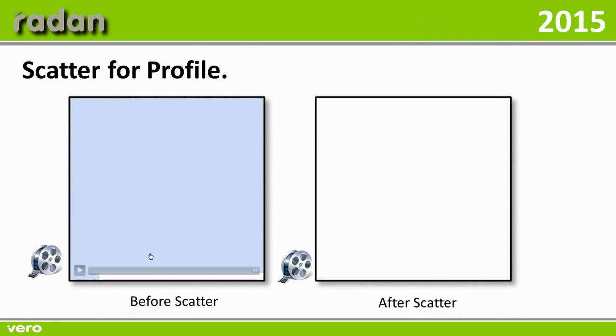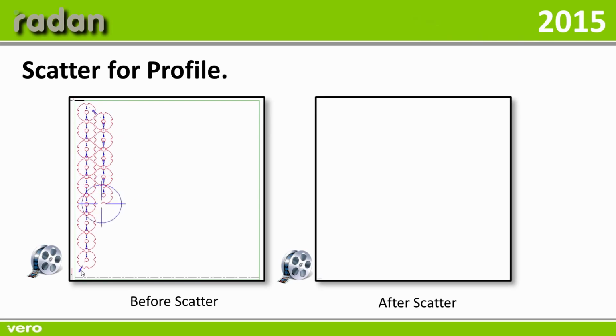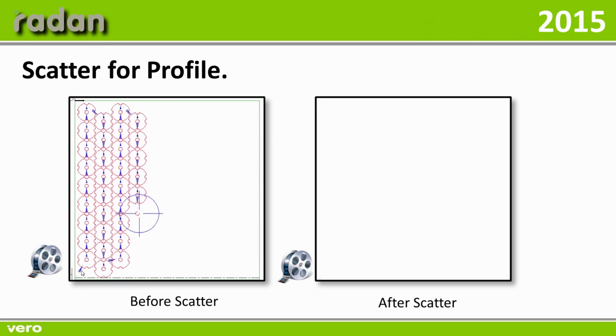So here I've got a video showing a laser profiling machine without the scatter command enabled. So in effect, each adjacent component is being profiled.